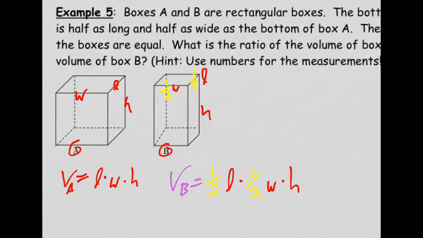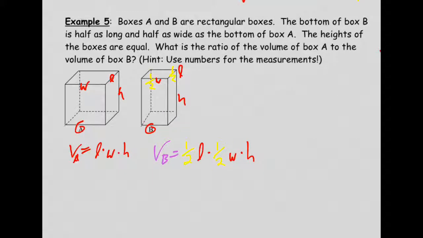And so, if we take that volume B and we multiply the two 1/2s together, what is 1/2 times 1/2? 1/4. 1/2 times 1/2 is a quarter, right? Yeah. 1/4 times length times width times height.